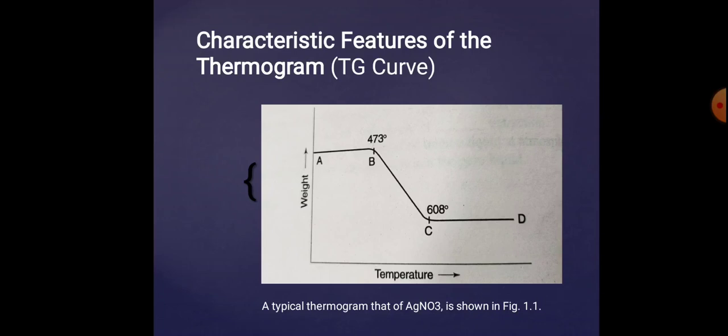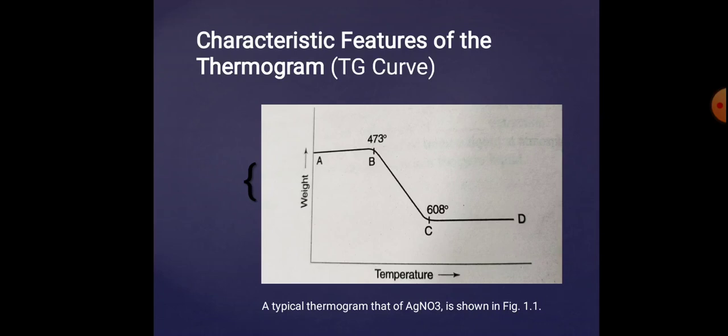So the BC slope indicates that some reaction happened due to which AgNO3 is not stable in that range and gets converted into something else, something is released from the reaction, and there is a weight loss.